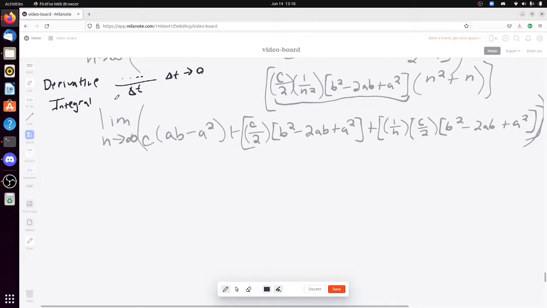we start with the delta t. We have basically the sample points times delta t in the denominator. Actually, I shouldn't say delta t. Basically we start with n in the denominator. n is related to delta t, obviously, on the interval. But we start with n in the numerator here.